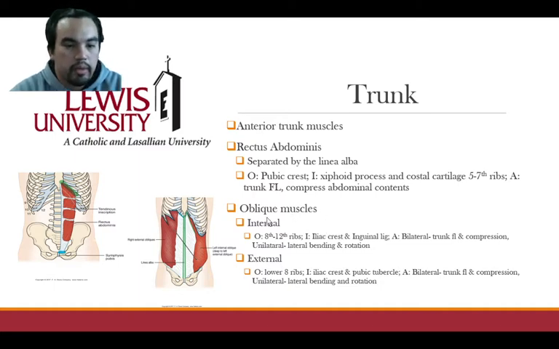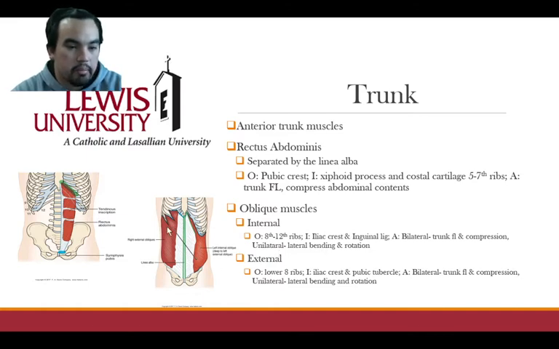The oblique muscles here, the internal obliques are on the 8th through the 12th ribs, and they insert on the iliac crest and the inguinal ligament right down here. Bilateral trunk flexion and compression is its job. When both sides contract bilaterally, it's trunk flexion, and unilaterally it's lateral bending.